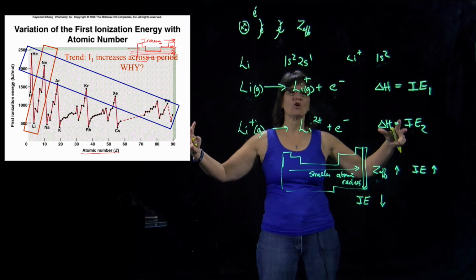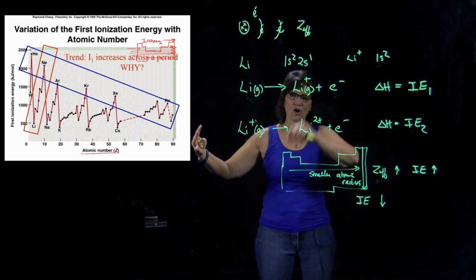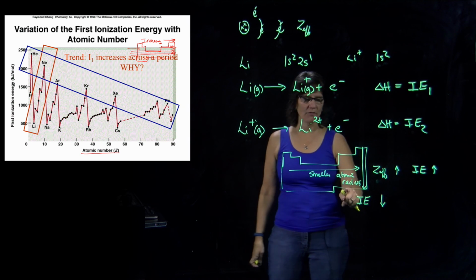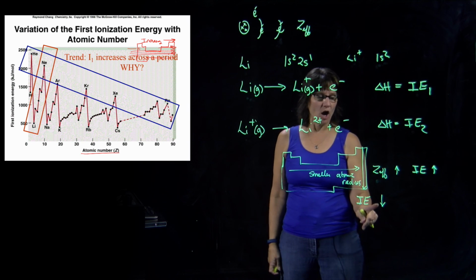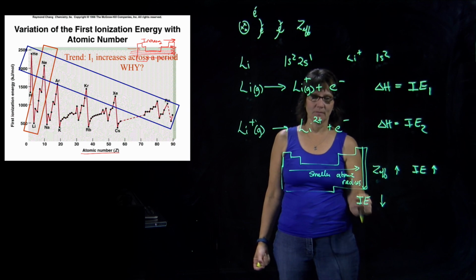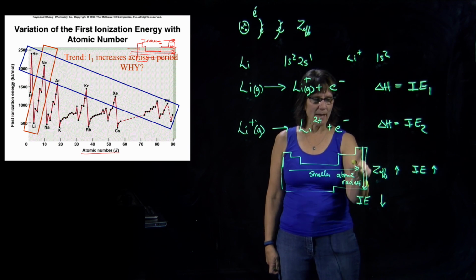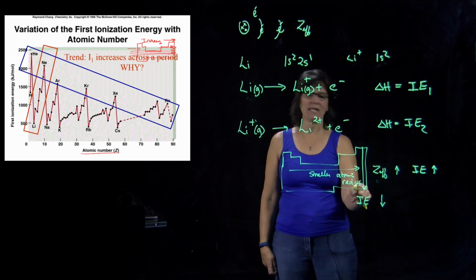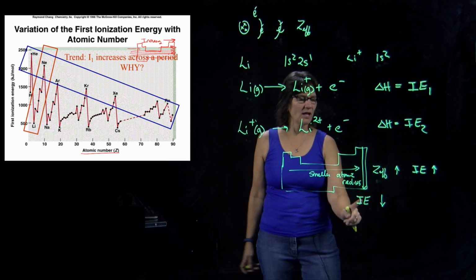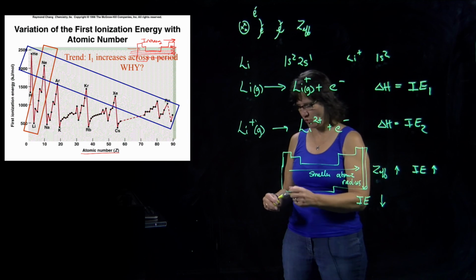Those valence electrons are further and further away from their nucleus. It gets easier and easier to pluck them off. So ionization energy always goes down when the size gets bigger, for the same reason. What's happening to the effective nuclear charge? It is decreasing as you move down. They're further and further away from the nucleus. The ionization energy is going to decrease.